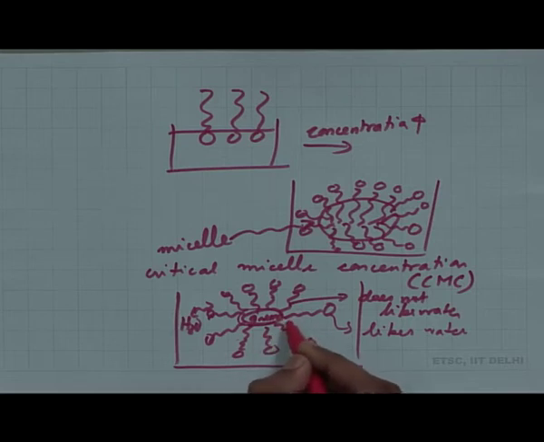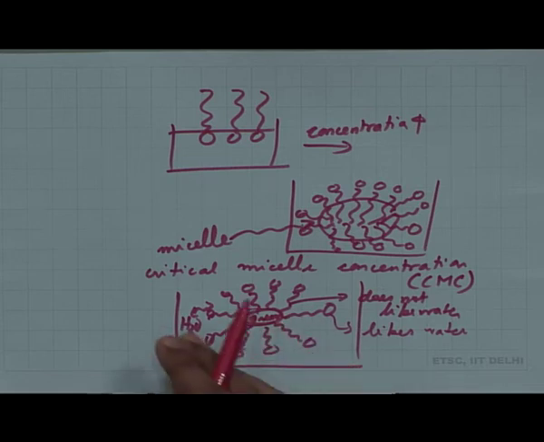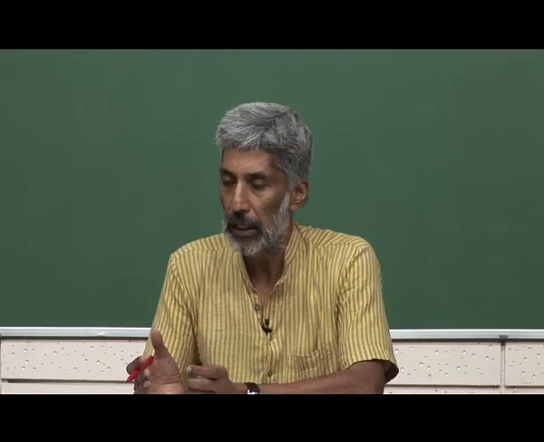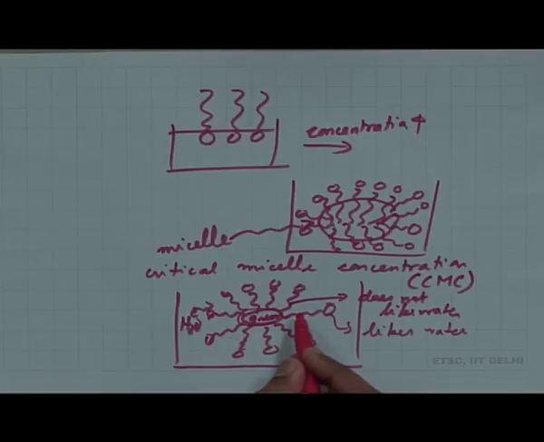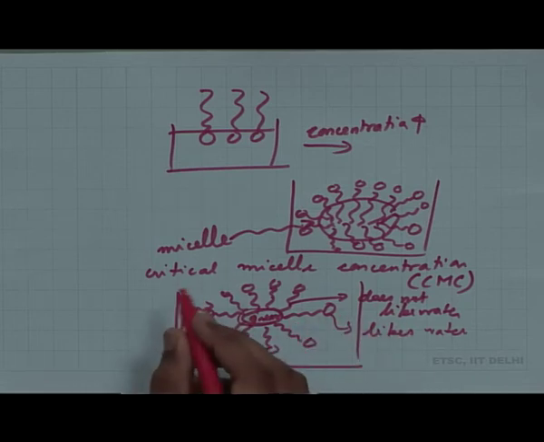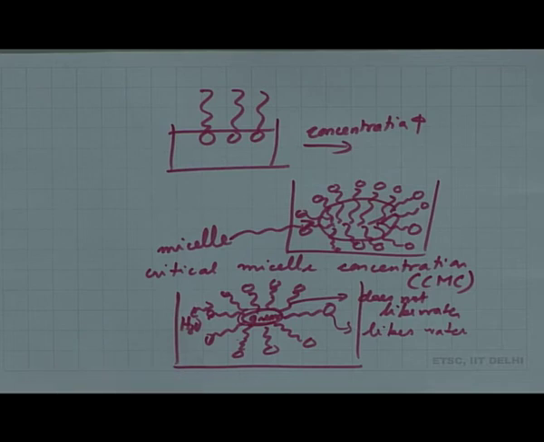Once this is there, you can remove the grease particle with the surfactant micelle by mechanical action. That is where the mechanical energy comes in, because just engulfing the grease particle into the micelle is not enough. You need to scrub it to remove it, and that is how detergency works.